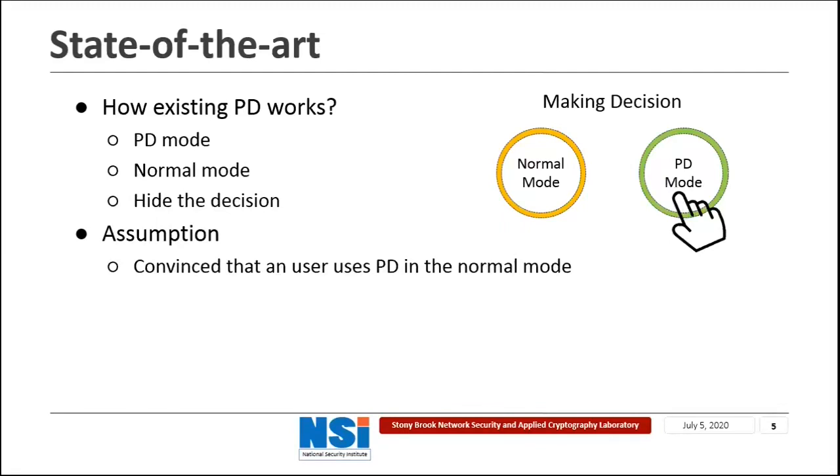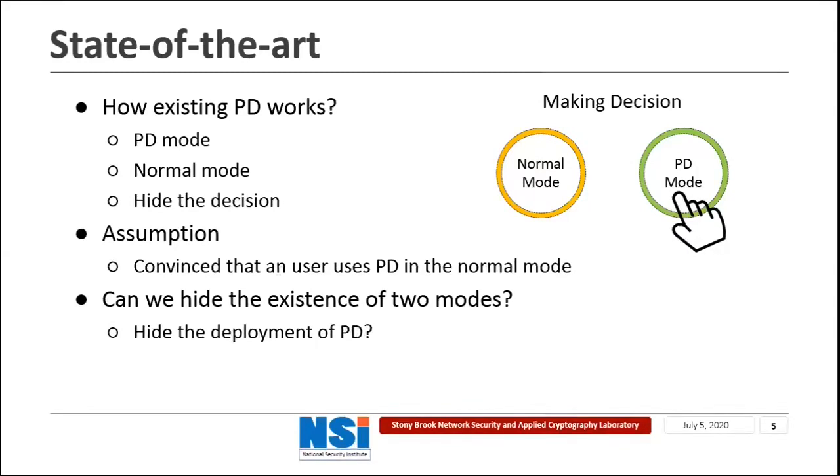So when an adversary observes that a user is using a PD scheme, the adversary will believe with high probability that he is using the scheme in the PD mode and some sensitive data is hidden by the user. So can we hide the existence of the two modes in a PD scheme? Or in other words, can we have a PD scheme whose deployment can be hidden from the adversary? This is the topic we want to focus on in this work, INFUSE.